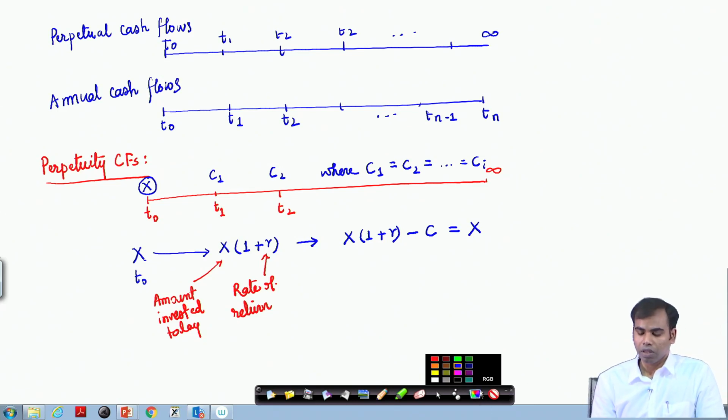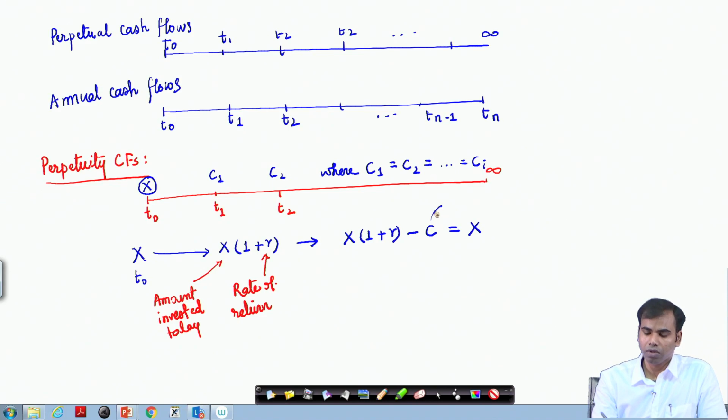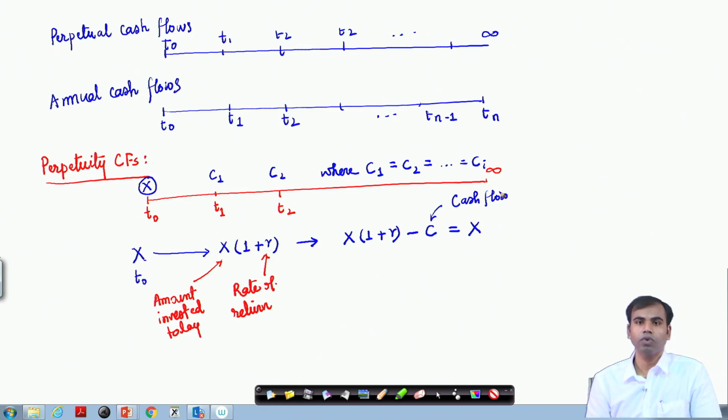This scholarship amount cash flow is basically the outflow. So, if you have a sufficient amount of money in your investment at the end of period 1 and you have given out the scholarship amount of C, at the beginning of the next year you should have an amount of x here.